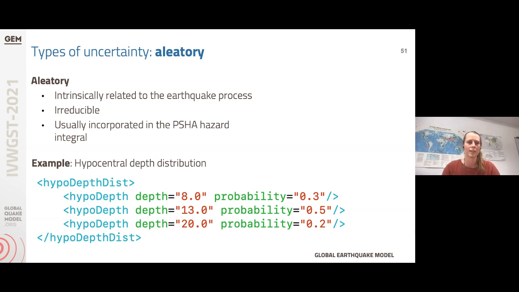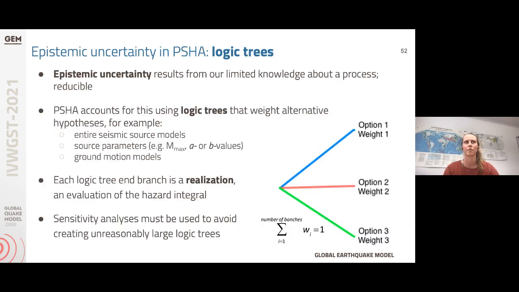This is a type of uncertainty that cannot be reduced with more information. And usually this is incorporated inside of the hazard integral. So as an example, we're showing the hypocentral depth distribution for an example source in which there are 3 different depths that are expected to produce earthquakes for one given source.